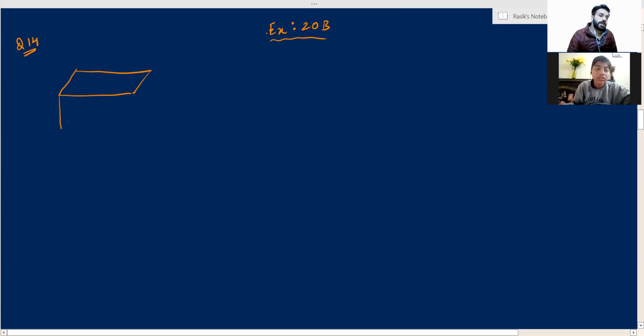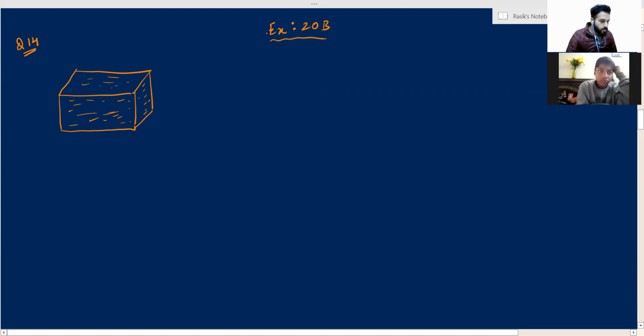Okay, so this is a rectangular vessel. I am explaining, all of you, please pay attention. This is a rectangular vessel. It is full of water. There is water inside the vessel. Length, breadth, and height of the rectangular vessel are given.